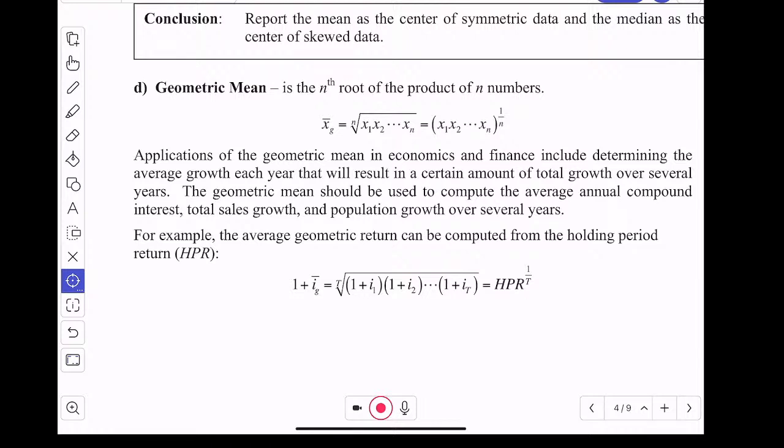This is a geometric average return. What's really important about this way of measuring the average is that it's resistant to outliers, resistant to extreme values. It's like a median in that way. We'll see an example of that next week.